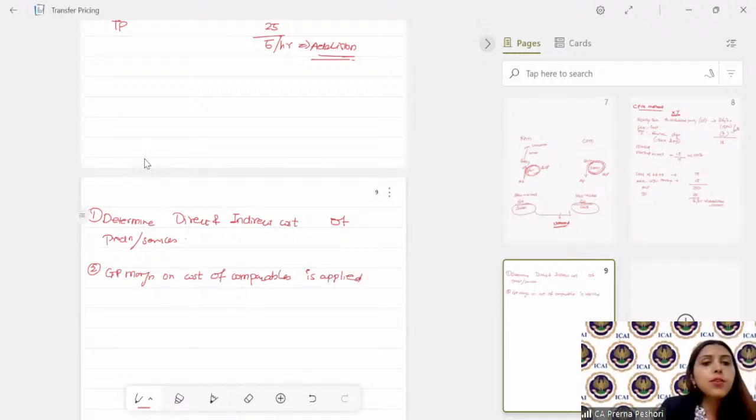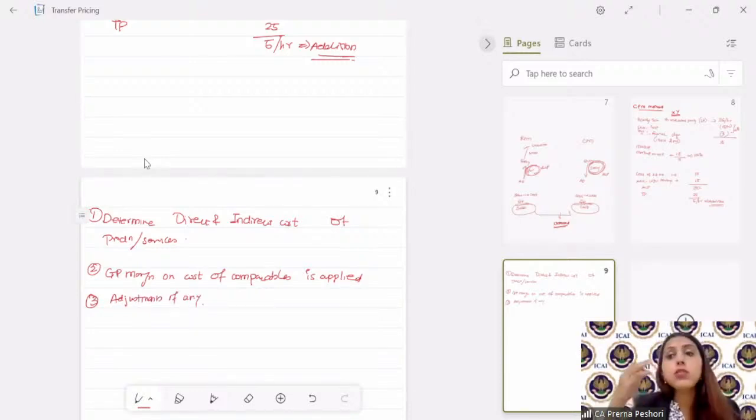This will give you the ALP and you can make any adjustments if any. Are we clear? Now this cost plus method is suitable for service providers who are incurring the cost for the production of semi-finished goods where the cost is incurred, right? So in these cases, the cost plus method is suitable. Shall we do a sum on this from your module on the cost plus method? Let's do a small sum on that.